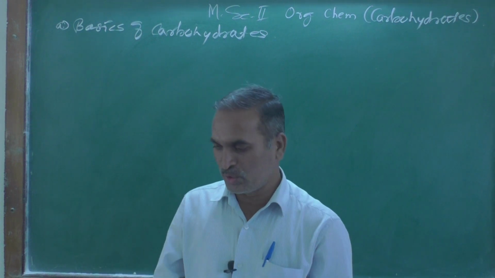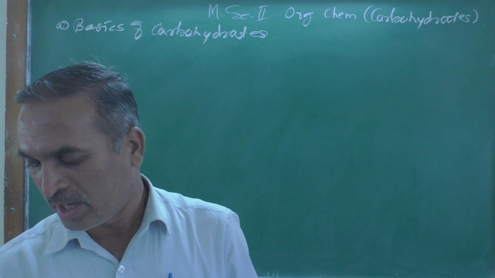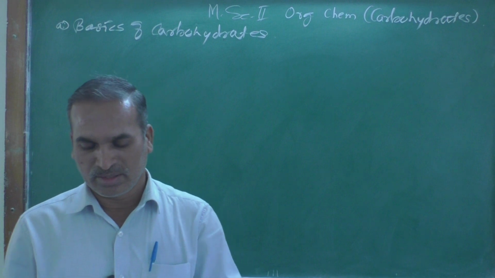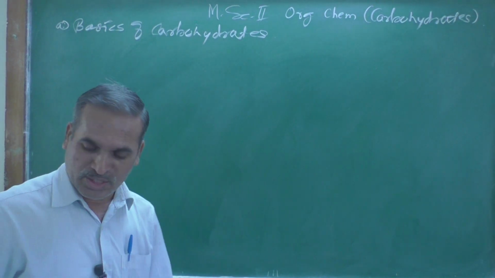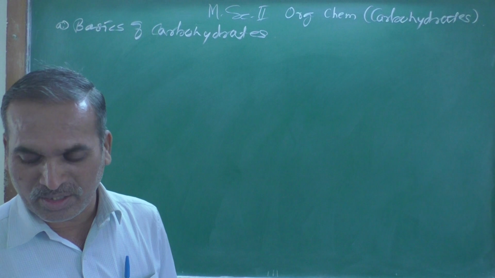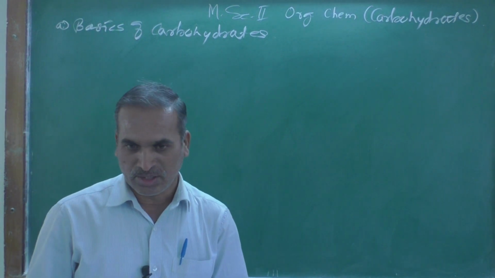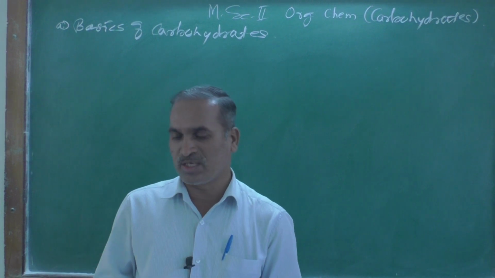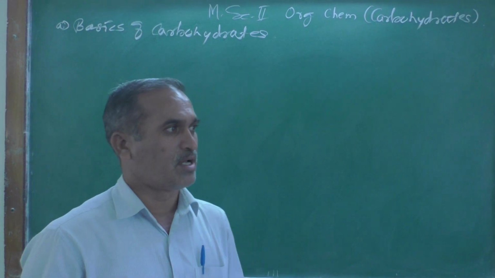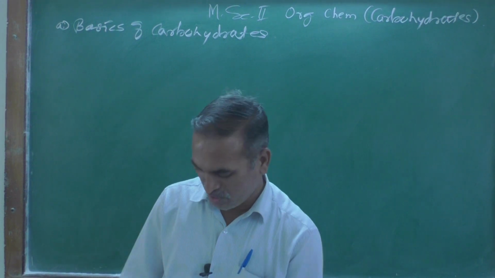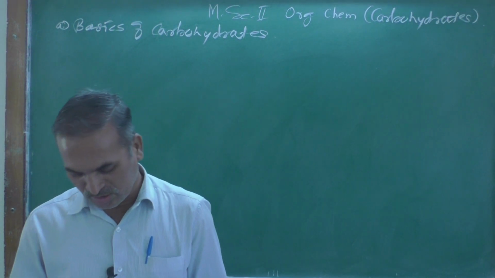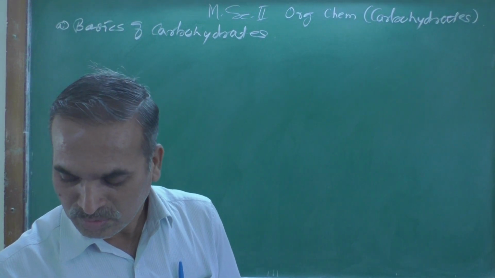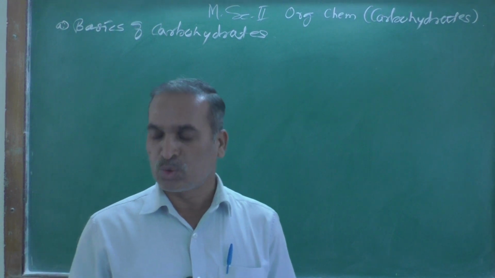Today we are going to discuss the reduction reaction. As we know, carbohydrates are polyhydroxy aldehydes or ketones, which on hydrolysis produce the unit known as carbohydrates, and polyhydroxy and the glucose.